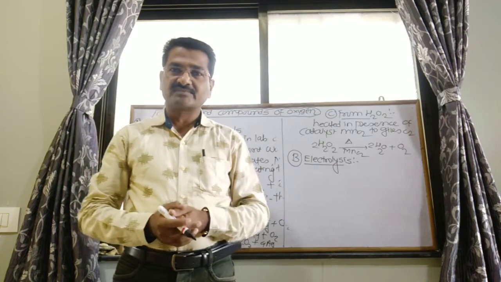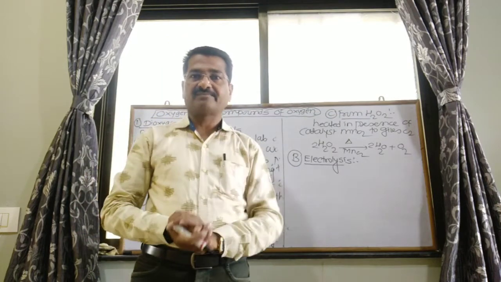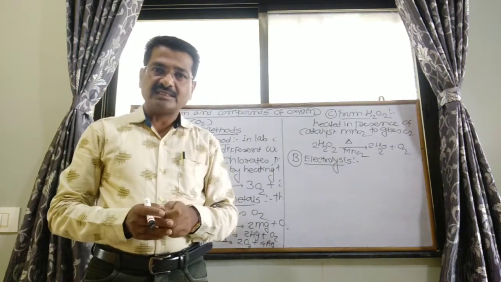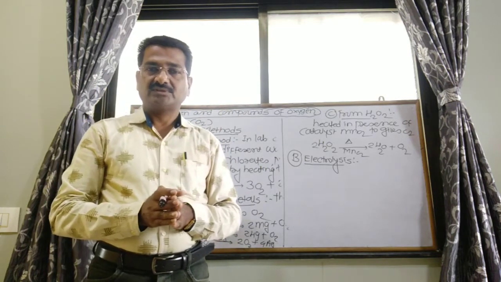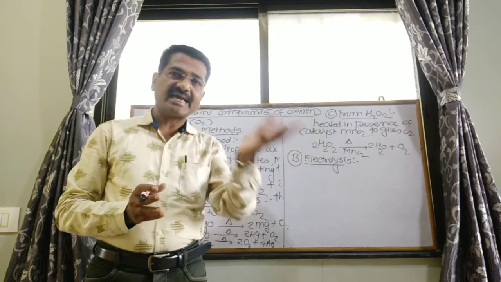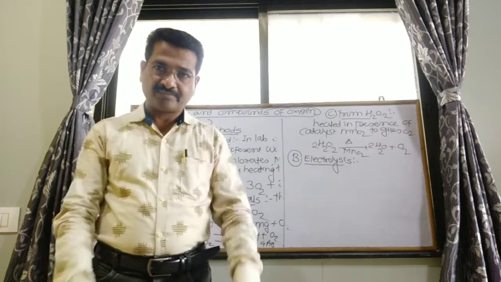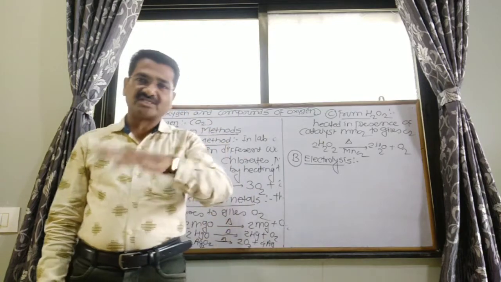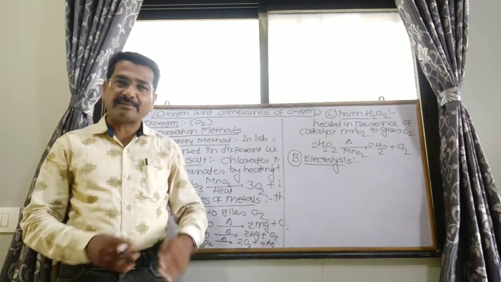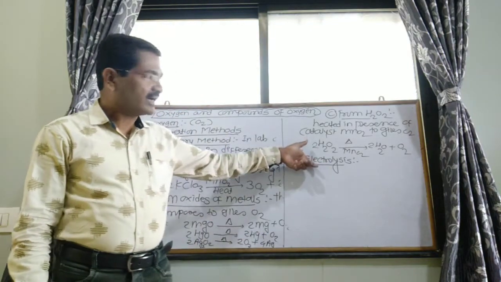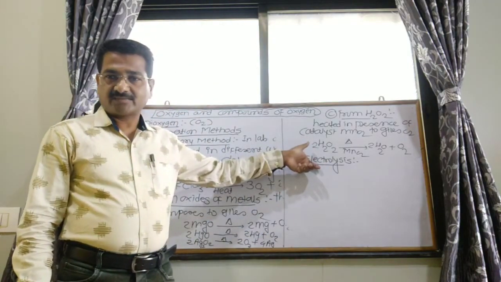What is electrolysis? The process in which electric current is supplied to give cations and anions is called electrolysis. Or the process in which non-spontaneous redox reactions are carried out by supplying electricity is called electrolysis.